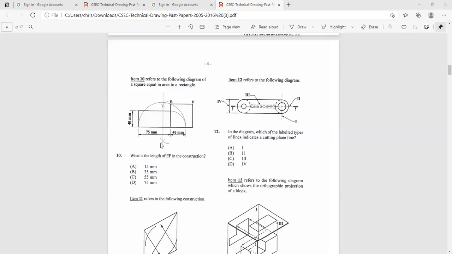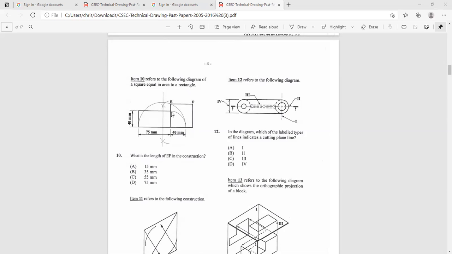All right. So if from here to here is 40, they want to know the distance for EF. If from here to here is 40, what is this distance, EF? Well, EF is a square. This distance is the same as this distance, as all four sides are equal.